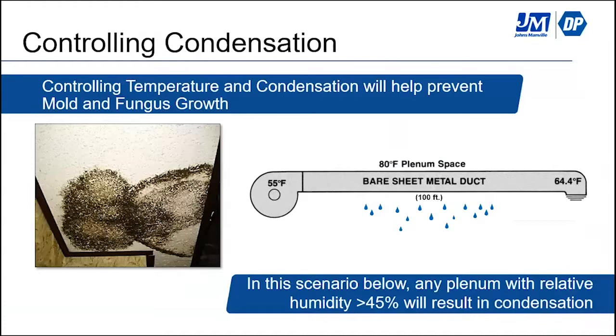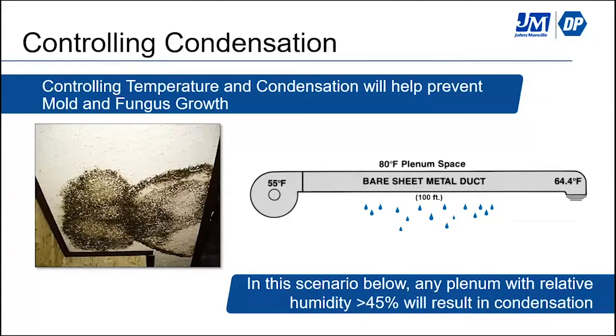Controlling condensation. Now that we've covered the basics of heat and moisture flow, let's talk a little bit about condensation control. Controlling temperature and condensation will really help prevent mold and fungus in your system, along with sealing it. Here in this example, you see a duct space where you've got 55-degree air coming off of your fan, blowing down about 100 feet of bare sheet metal duct. It gains about 10 degrees once it reaches the occupied space without insulation.